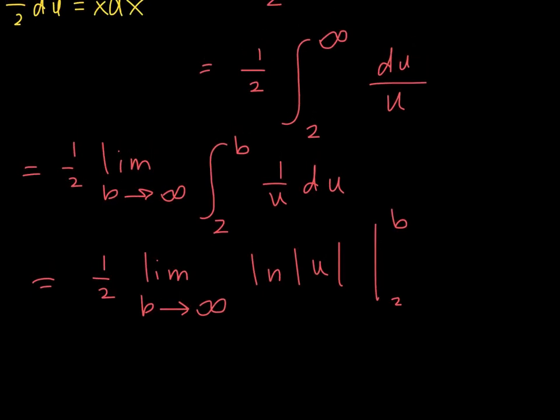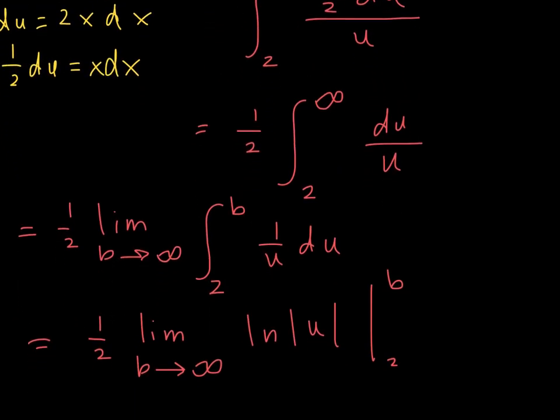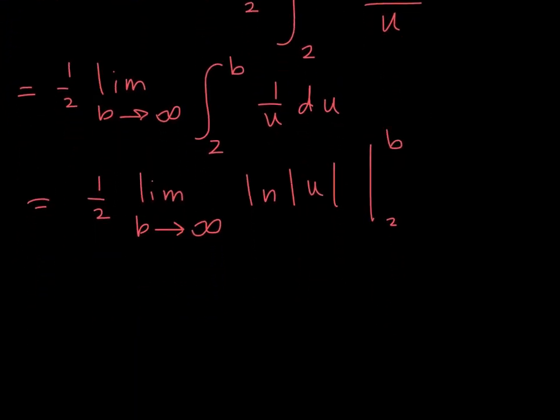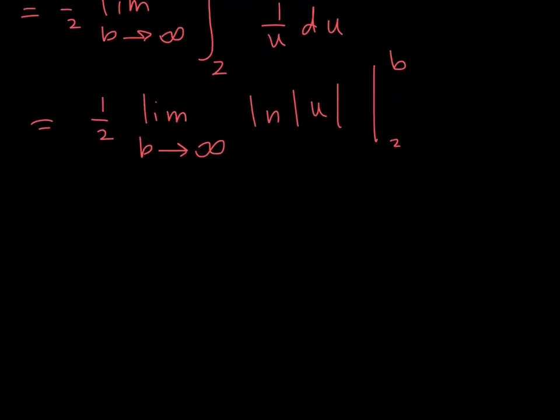I don't have to reverse the substitution because I changed my limits. That's right. So then this is equal to 1/2 times the natural log of b minus the natural log of 2, like this.